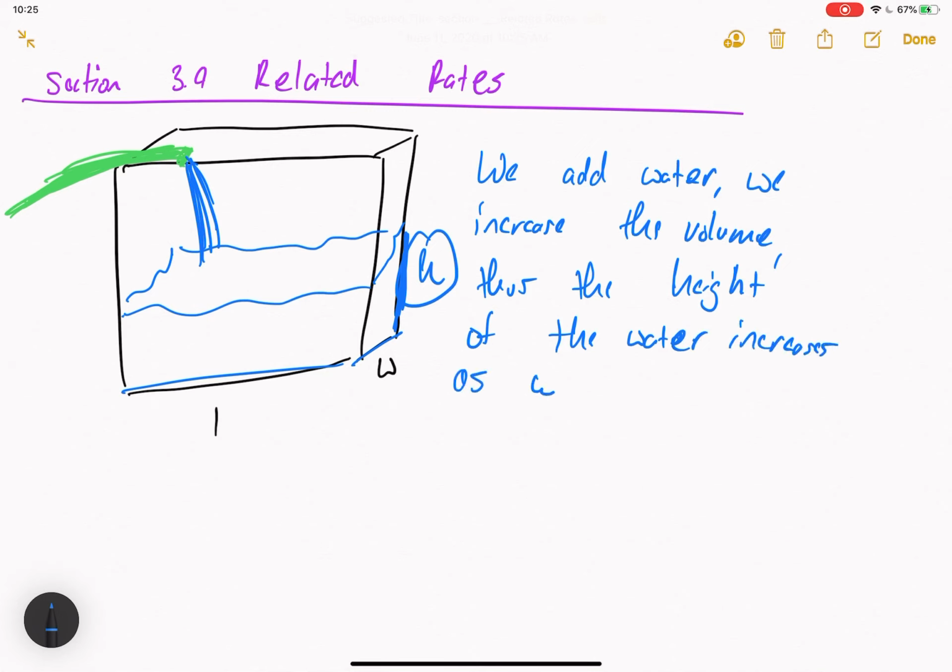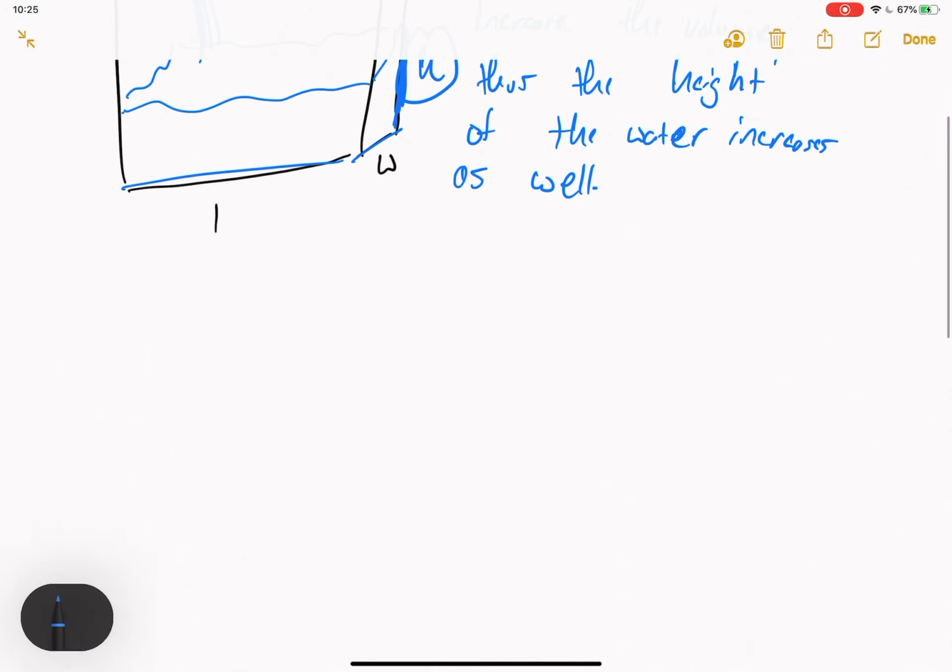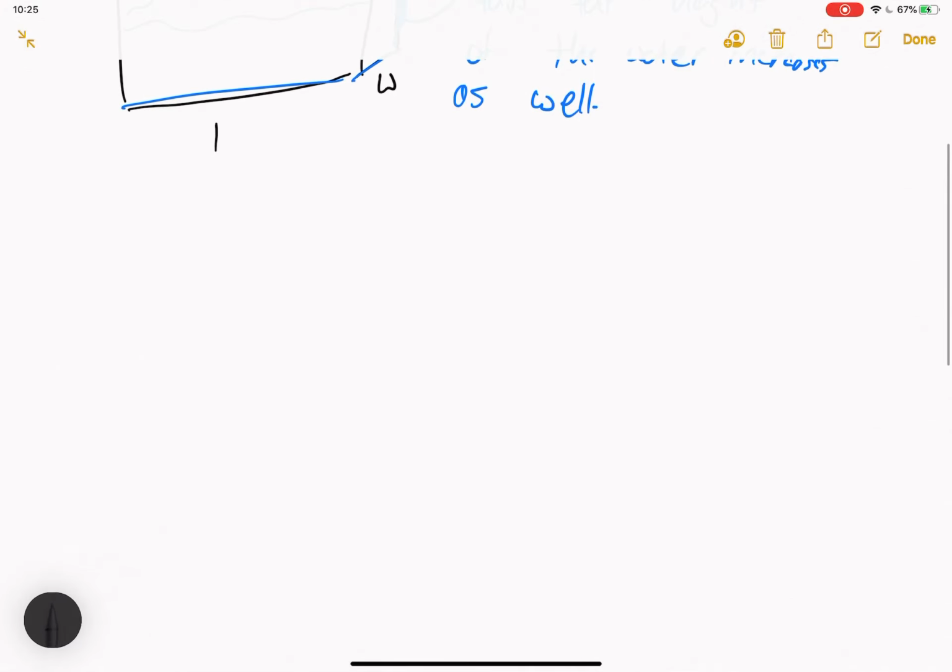And that's kind of the idea behind related rates. You have one thing changing, and you want to know how you can use that to measure how something else changes, because we do have formulas for the situation. The idea is knowing the rate of change in one quantity in terms of the other.